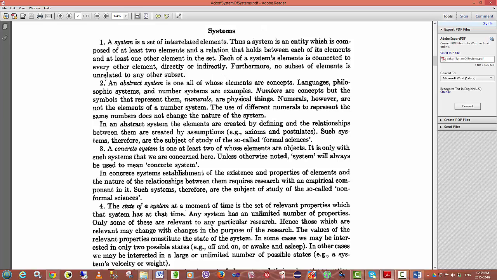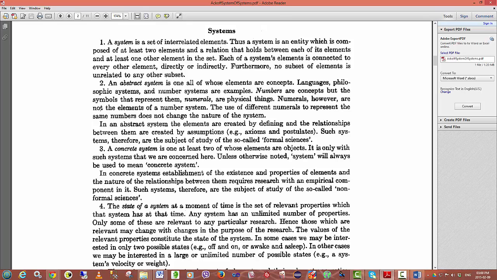Ackoff goes on to define the notion of an abstract system, and in an abstract system, all of the elements are concepts, and this you can see in languages, philosophic systems, and number systems. Numbers are concepts, but the symbols that represent them, numerals, are physical things.